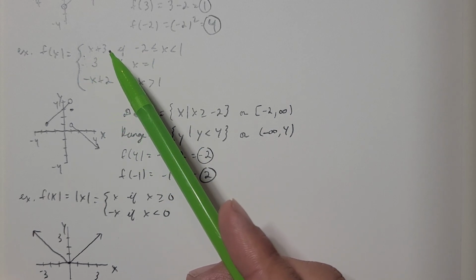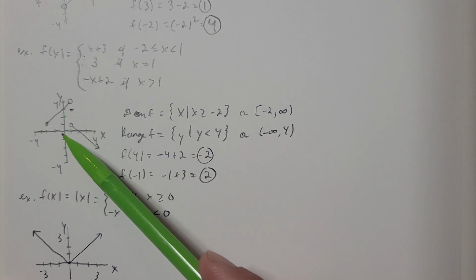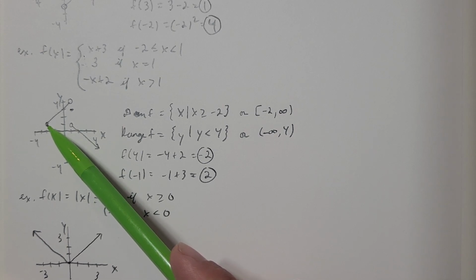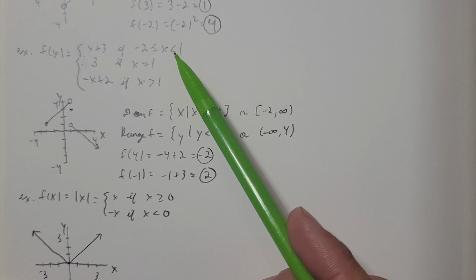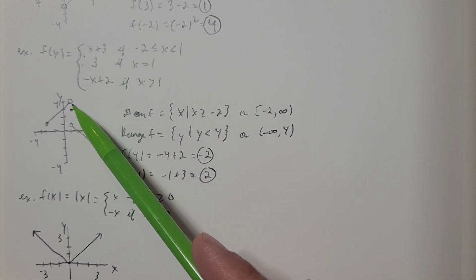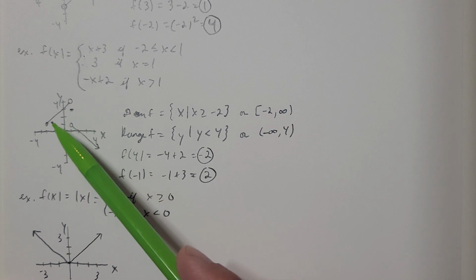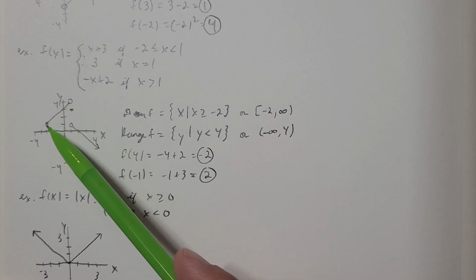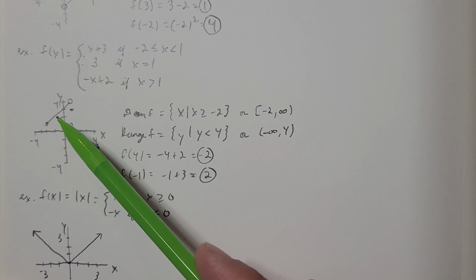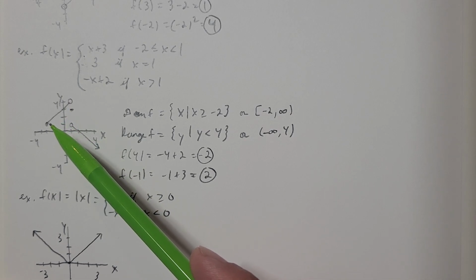So -2 plus 3 is 1. So (-2, 1), that's on the graph. And if I plug in 1, 1 plus 3 is 4. Okay, so there's (1, 4). Now, I have these 2 points on the graph, and I draw a line between those 2 points.